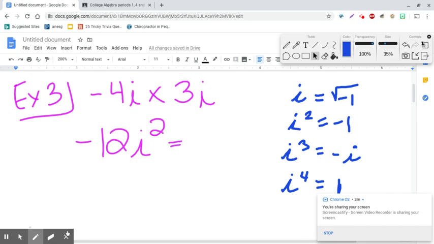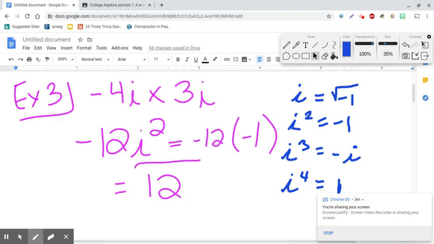And what does i squared equal? -1. So this becomes -12 times -1. All right, -12 times -1 is +12. Bam, there's our answer. Yay.